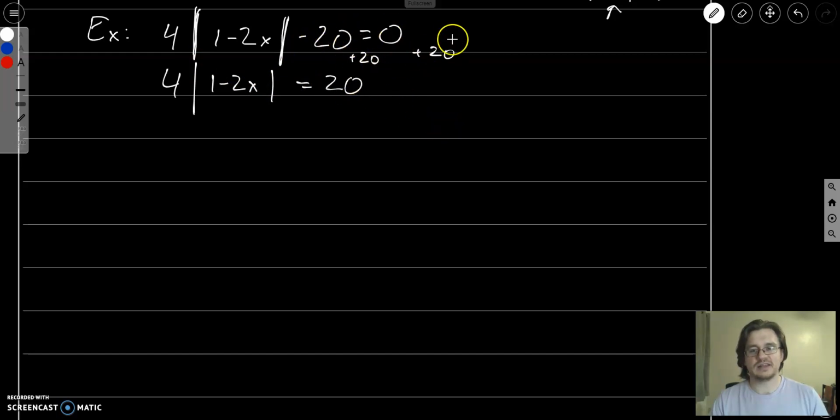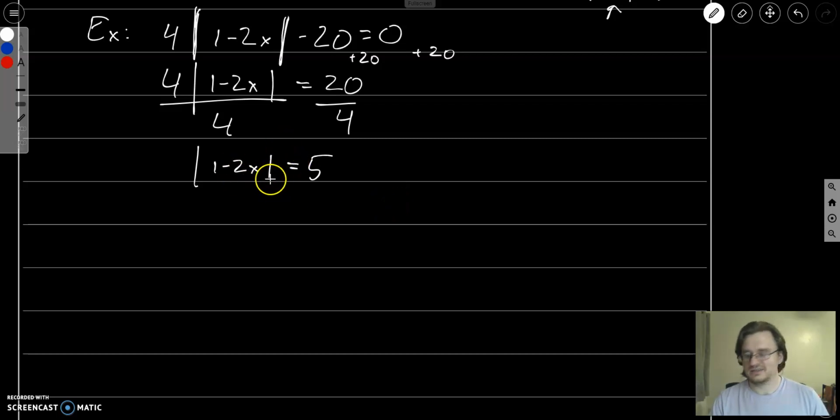Negative 20 and 20 cancel out. So I have this factor of 4 out front, so I'll just divide both sides by 4 to get the absolute value of 1 minus 2x is equal to 20 divided by 4, which is 5.